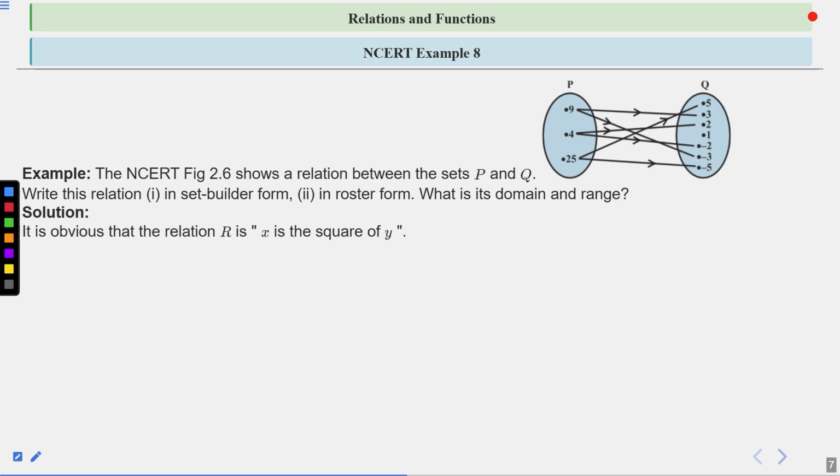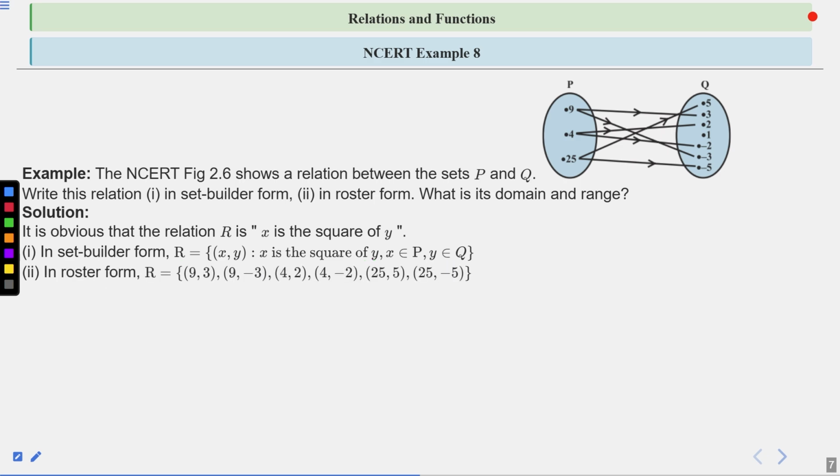It is obvious that for R, to describe it in set builder form is quite simple: X is the square of Y. So in set builder form, R is the collection of all ordered pairs (X, Y) such that X is a square of Y, where X belongs to set P and Y belongs to set Q. In roster form, you will write 9 associated with 3, 9 associated with -3, 4 associated with 2, 4 associated with -2, 25 associated with 5, and 25 also associated with -5.